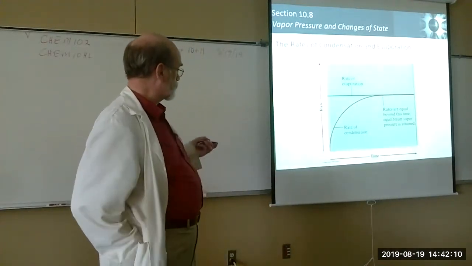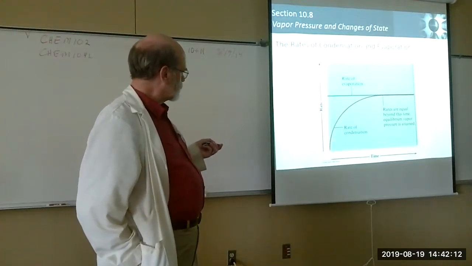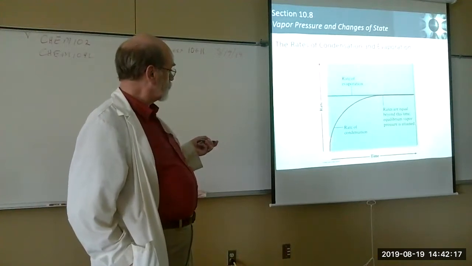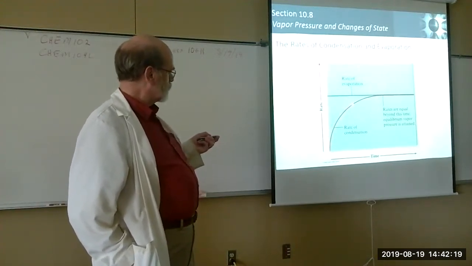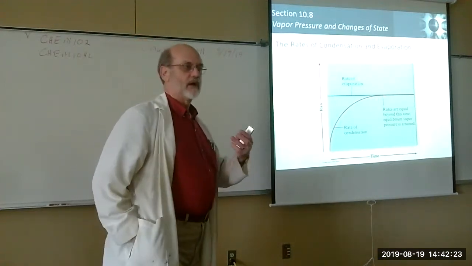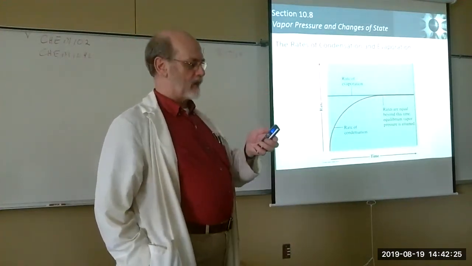This is another way of expressing it. The rate of condensation starts at 0 because there's nothing in the vapor phase. But as evaporation increases, you reach a point where the rates are equal, and then you have an equilibrium state of condensation versus evaporation.